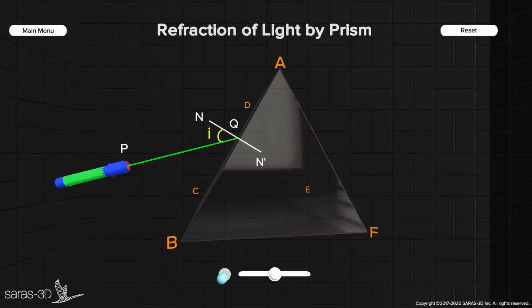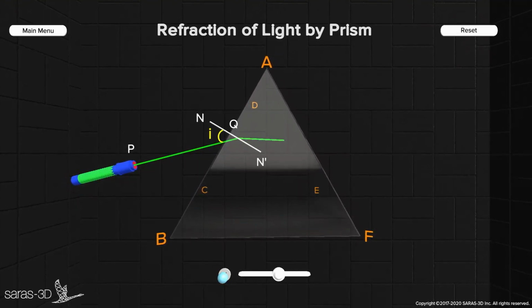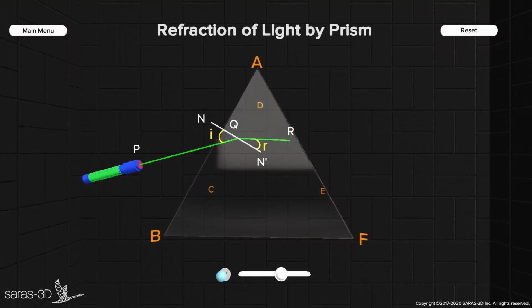Since the ray of light is traveling from air, that is the outer medium, to the glass prism, it is traveling from optically rarer to denser medium. So you can expect that the ray of light is moving towards the normal. So as you can see, QR becomes the refracted ray and the angle made by the refracted ray with the normal is R, where R is the angle of refraction.